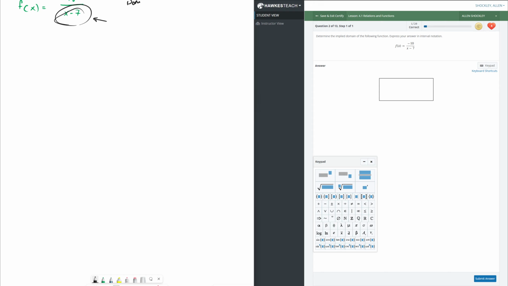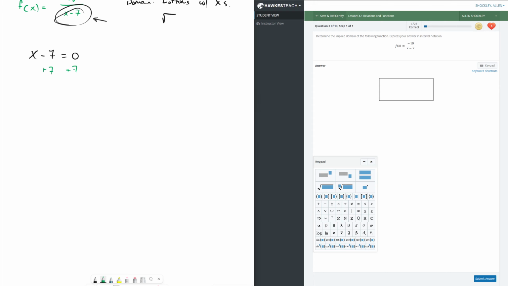So for domain, we're looking for bottom with x's, and we're looking for radicals. Since this one has a bottom, we're going to take that bottom with an x and set it equal to 0. From here, you're just going to solve it.